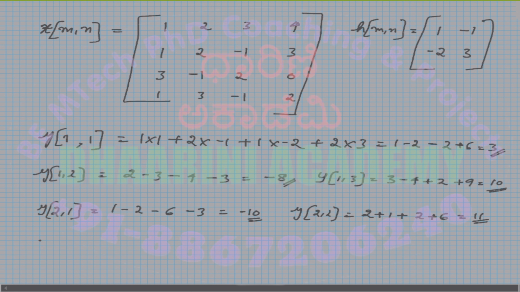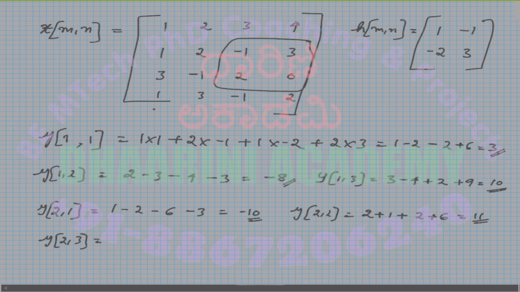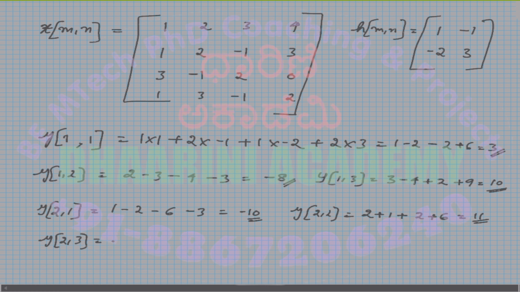All right. Then y of 2 comma 3, overlapping it over the last possible valid position on the second row. So that gives how much? This means it is equal to 1 minus 1 minus 3 minus 4 and 0.